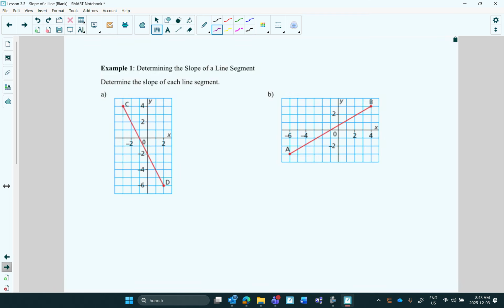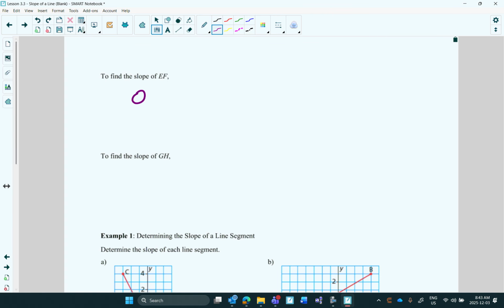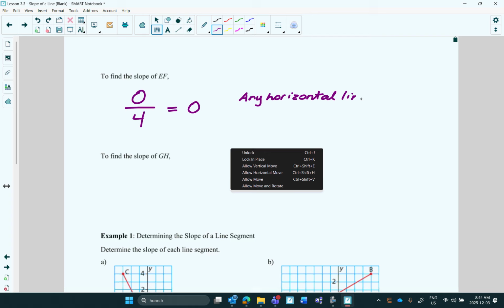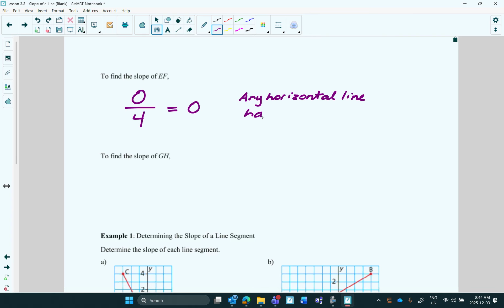So my slope is going to be vertical change of 0 divided by a horizontal change of 4, and 0 divided by 4 is 0. Any horizontal line has a slope of 0. Always.